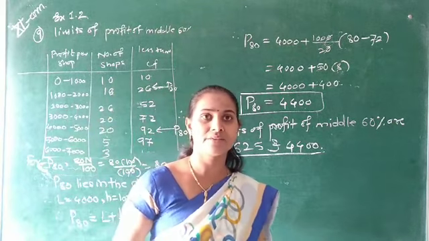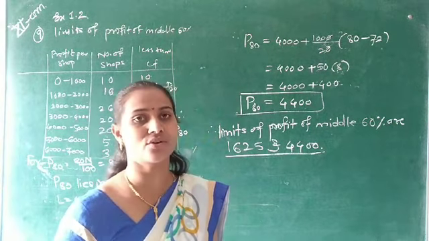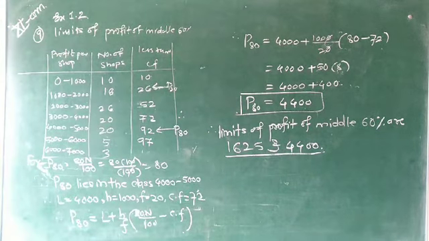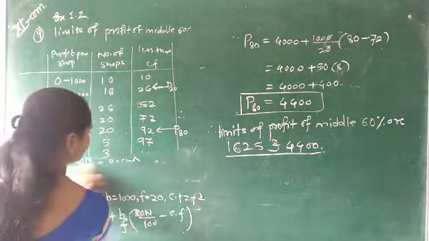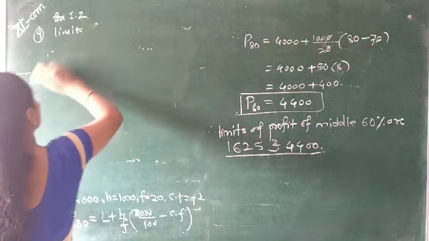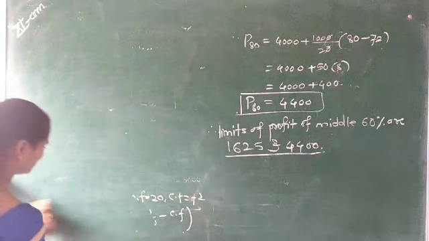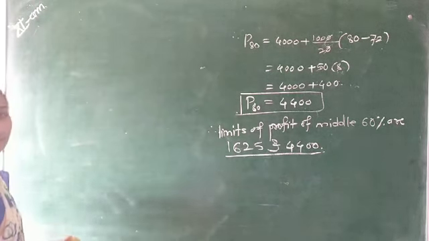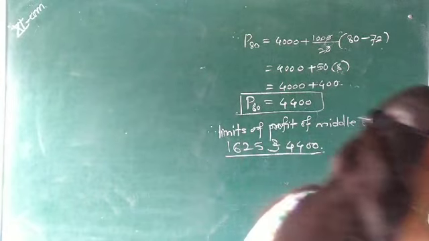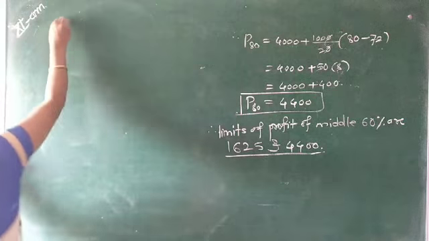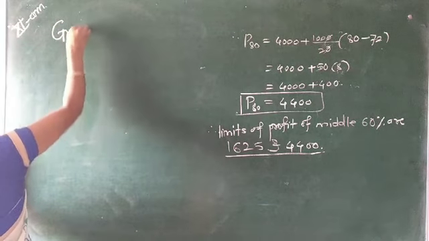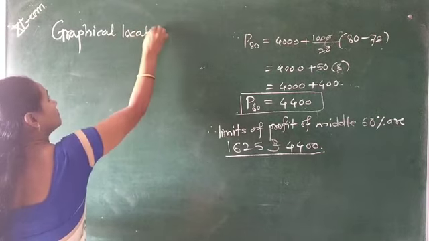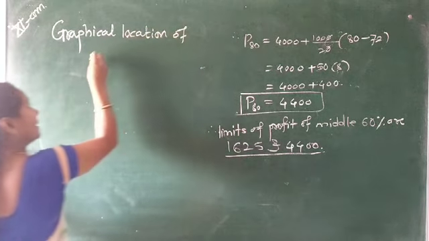Now we are going to see our next point, that is graphical location of partition values. For this, we have to plot the graph on graph paper for accuracy.